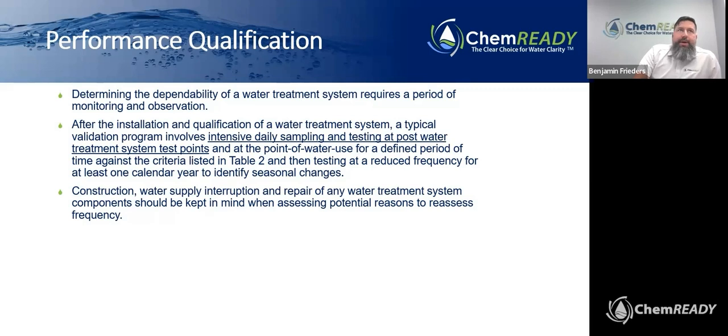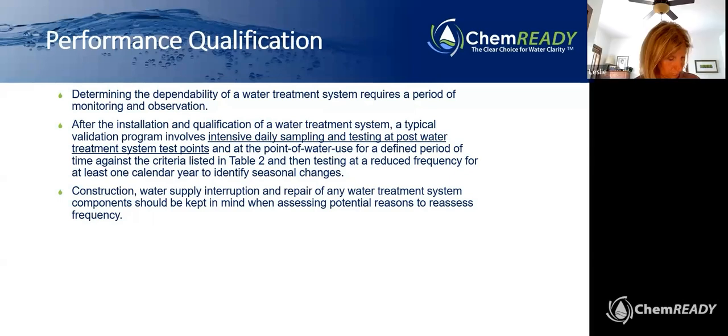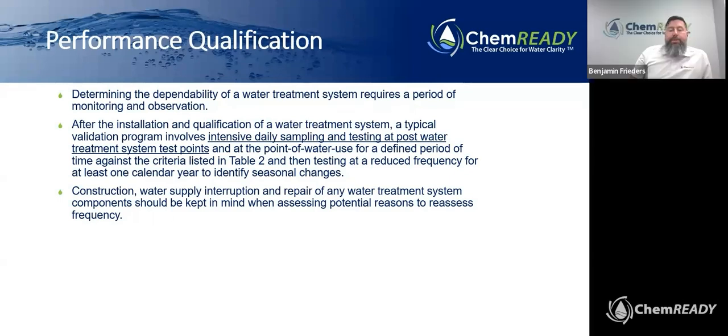The thought process behind the standard, and we have consultants we talk to who were actually on the committee that created it, is that in this section 9 you need to sample as much as necessary. Each area and each piece of equipment is going to be different. If you call intensive daily sampling 3 days in a row and the results are all consistent and within range, then you can reduce the frequency.